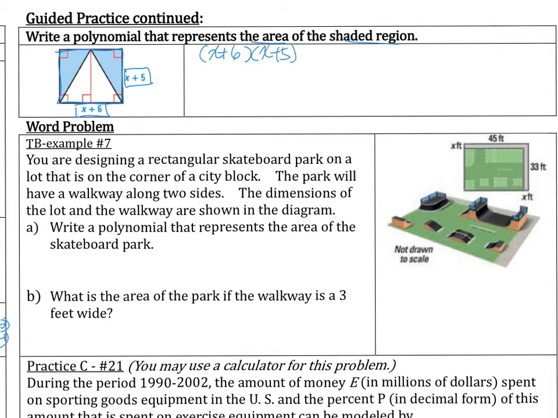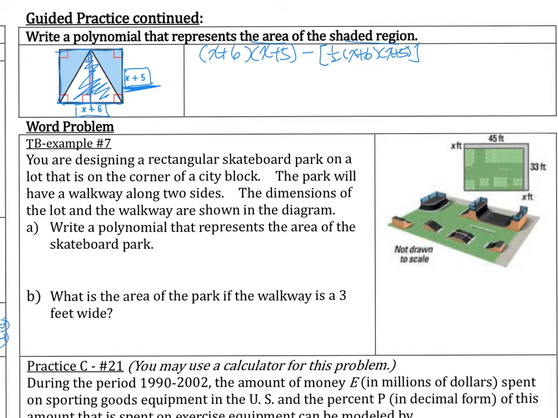And then we need to subtract this entire area from the area of this triangle here. So we have the base, we have the height, which is also represented by the expression x plus 5. So the area of the triangle will be half times x plus 6 times x plus 5.